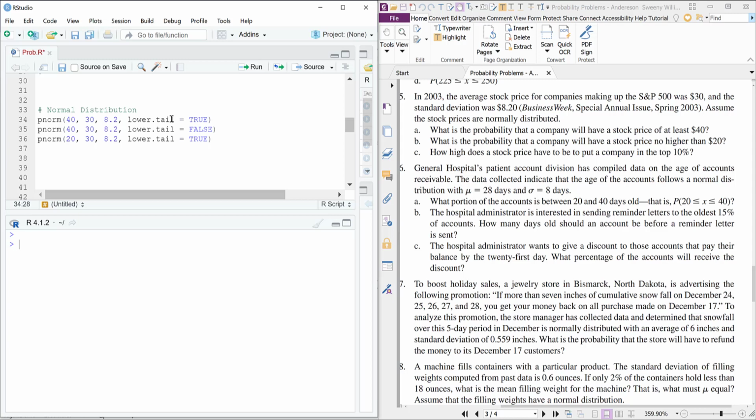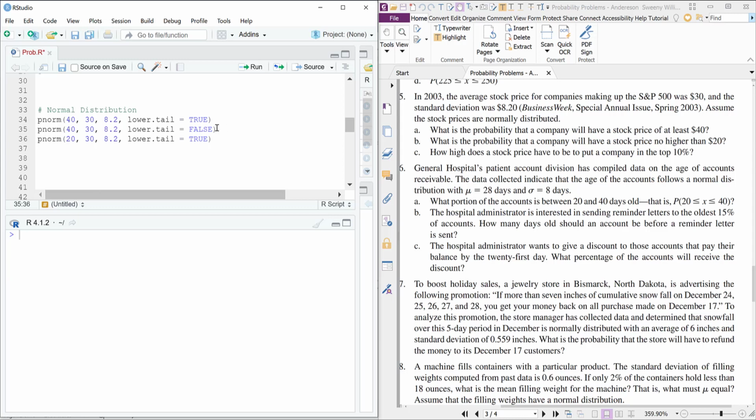So when I run this command, that will be 0.8886 or 88.86%, and I can subtract this from 1, and that will be something like 11.13%, and that will be the probability of having a stock price of at least 40, which means 40 and above that.